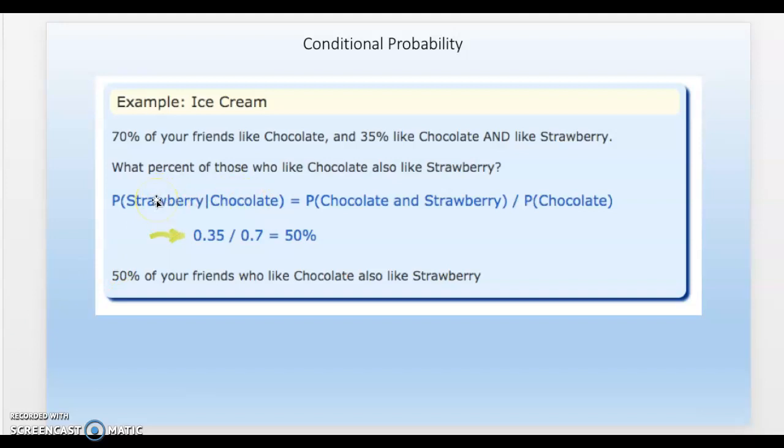The probability that they like strawberry, given that they already like chocolate. The probability that they like both goes on top. The probability they like chocolate goes on the bottom. Put it in the calculator. I got 50%. A lot of the exit ticket problems are just like that.